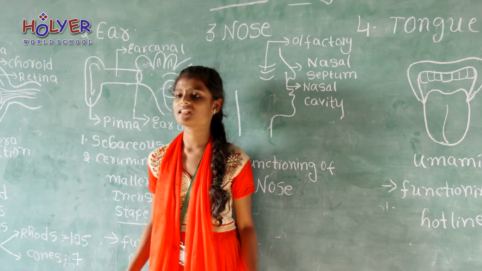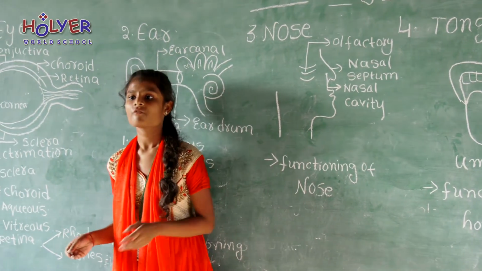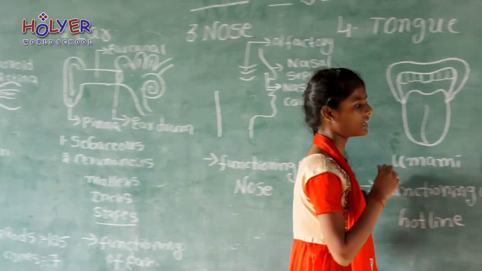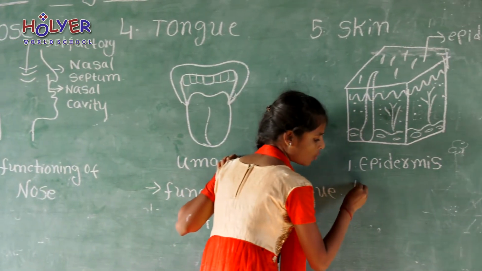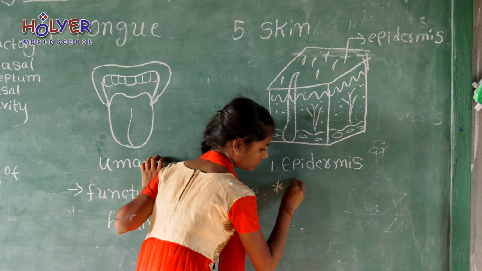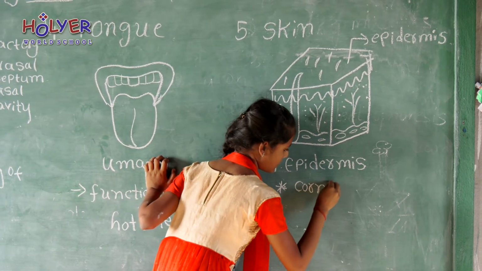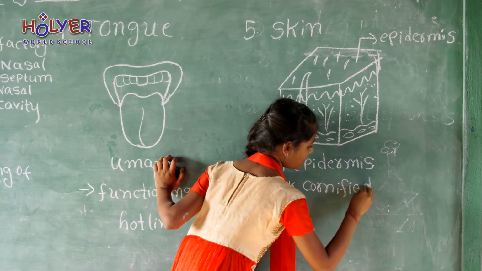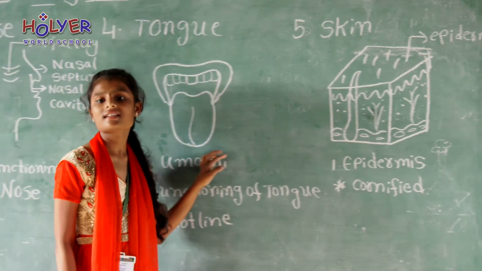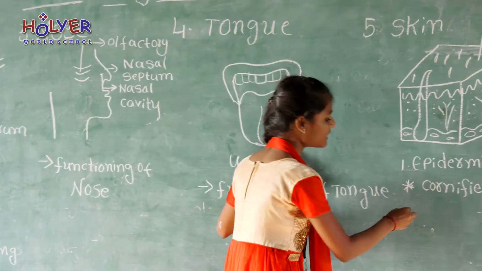This epidermis contains sweat pores and small hair. Further, this epidermis is divided into 3 layers. First one is the cornified layer. This cornified layer contains dead cells, and second one is the middle granular layer.